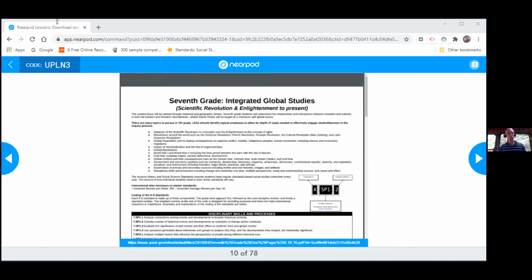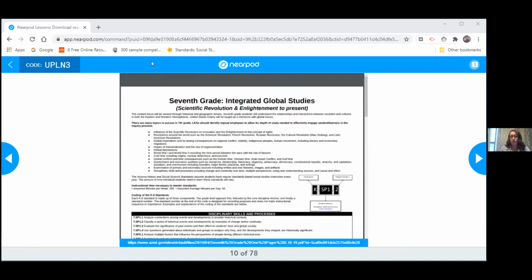So everyone should be able to go and open up the document with the standards on it, so they have that on their computer. And you'll notice we've provided you the one pager.